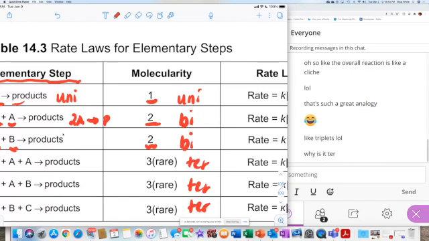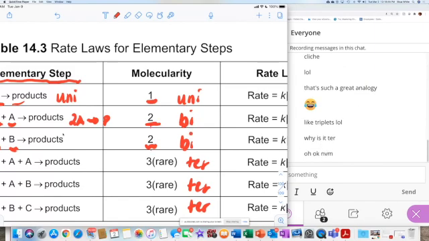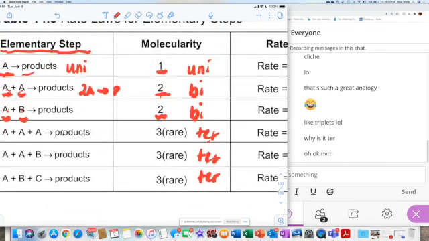These two are bi, right? With a bimolecular, you can have both molecules being the same or different. Here we have three cases of ter, showing you all the molecules being the same, two being the same and one is different. Here all three are different. They're just different variations of the termolecular.